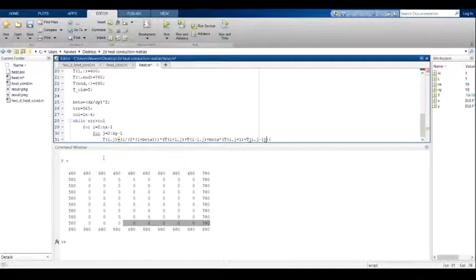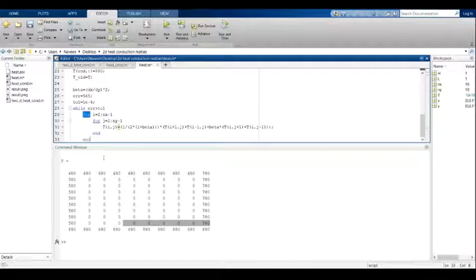This is the overall discretization equation, and ending the for loops.